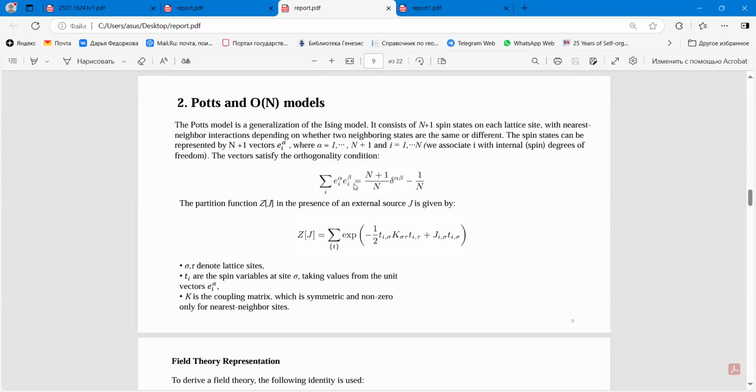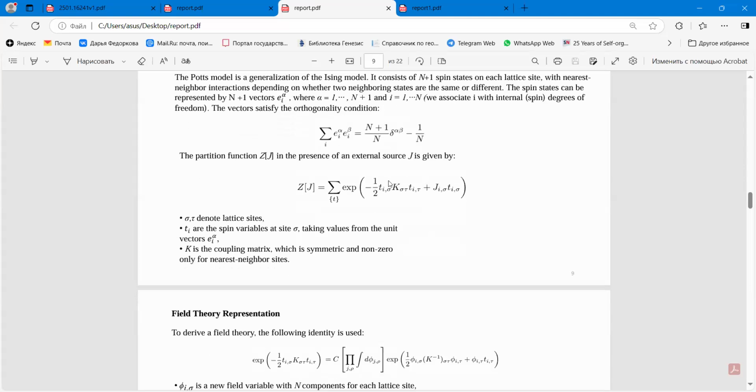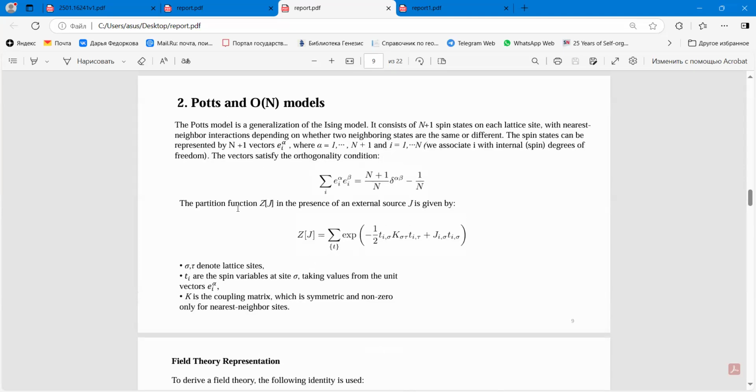If we have equal vectors, we will get one. And the partition function of this model can be presented in such a form, with an external source, of course.